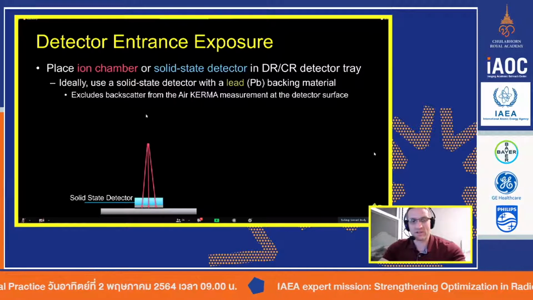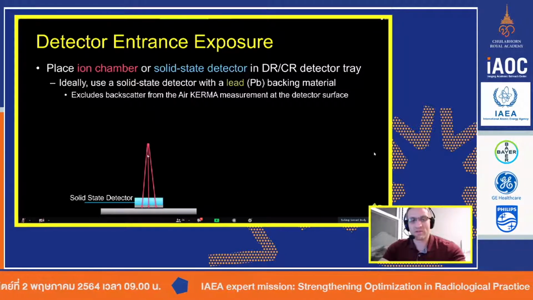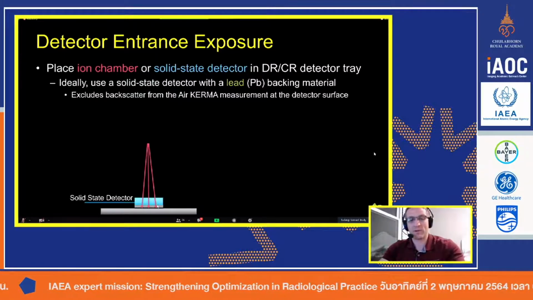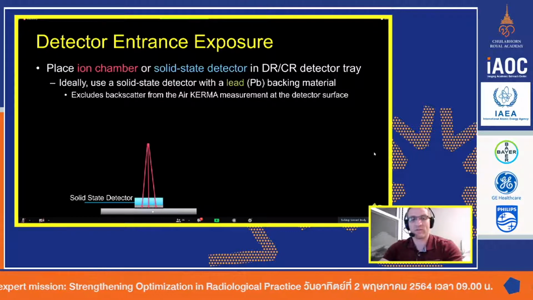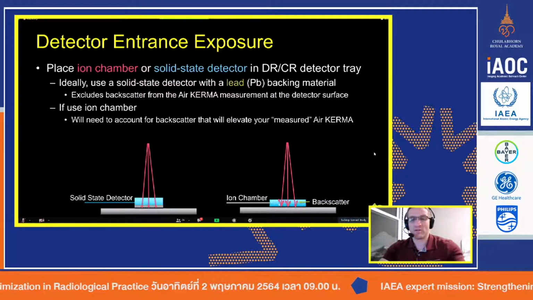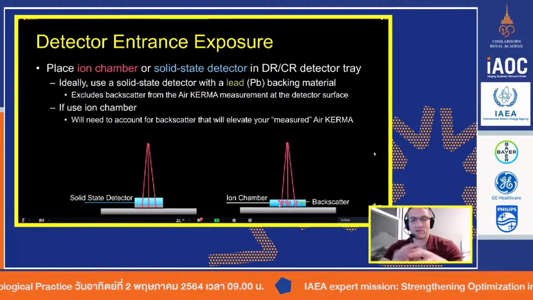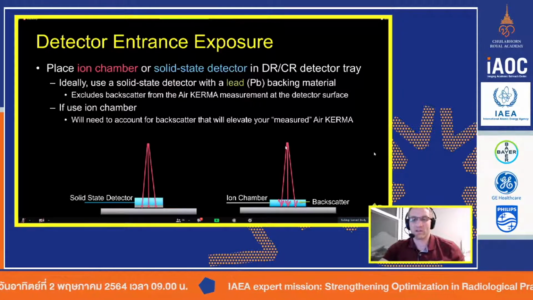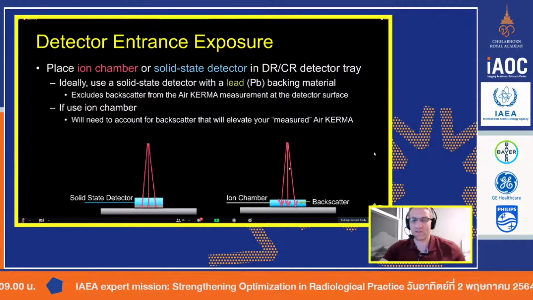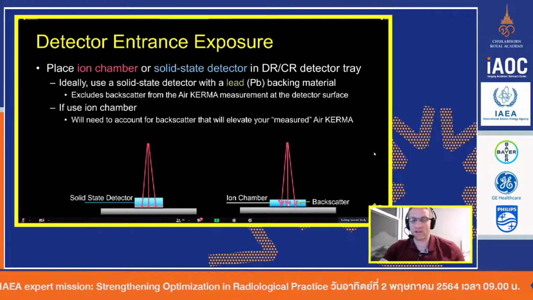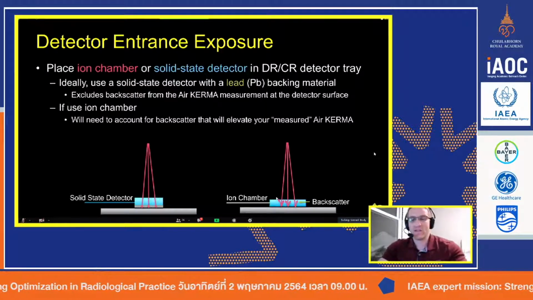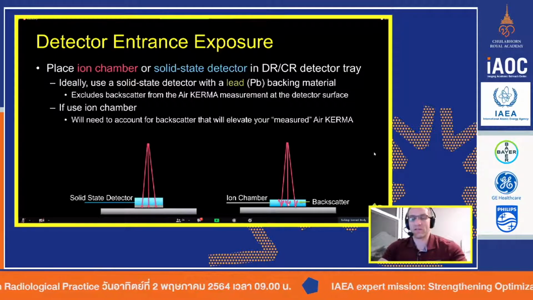You orient it facing the X-ray tube or the source, the photons come in, and it makes a measurement of those incoming photons, but it will not collect any measurement from backscatter off the detector. Whereas ion chambers are air equivalent. They're basically full of air. Any photon that strikes it from the top will be collected, and some photons will pass through the ion chamber, hit the detector, backscatter, and go back up. And then the ion chamber will measure those backscattered photons.